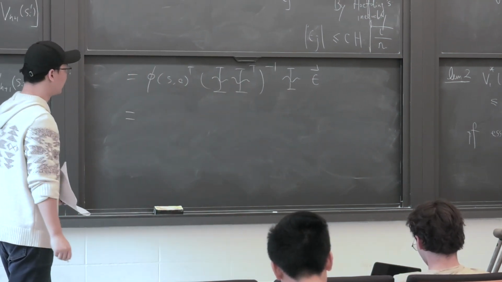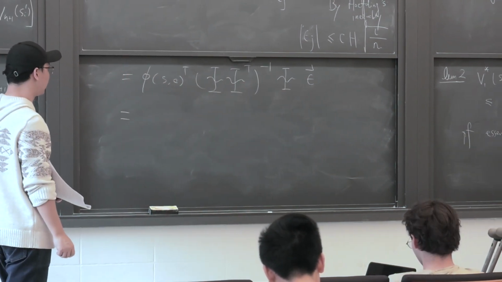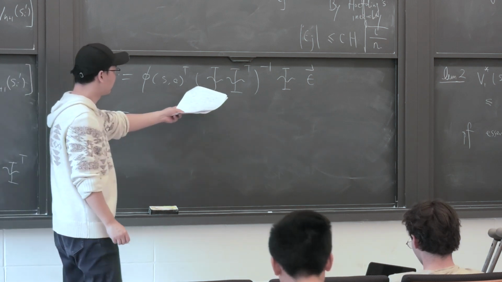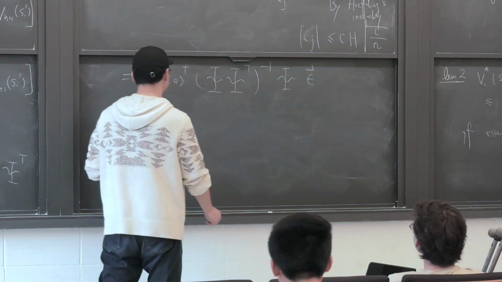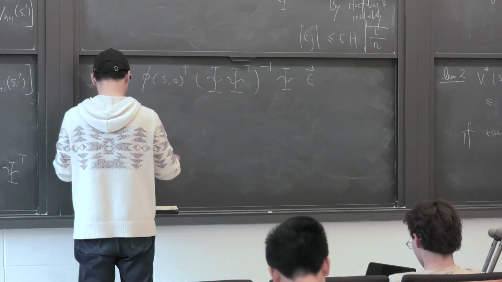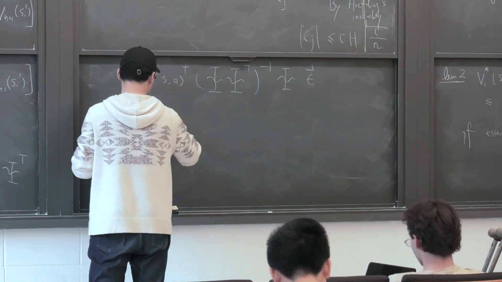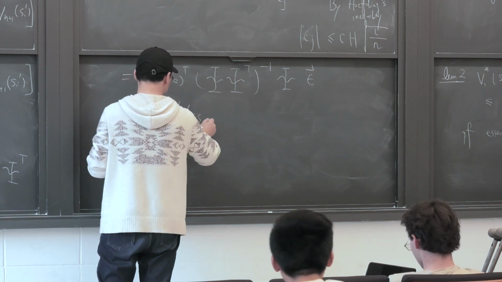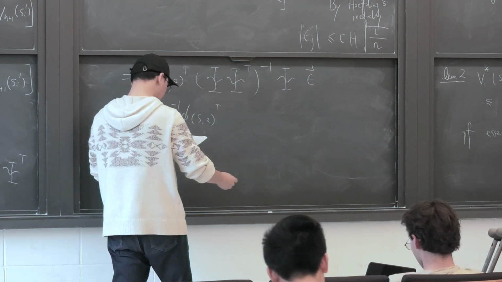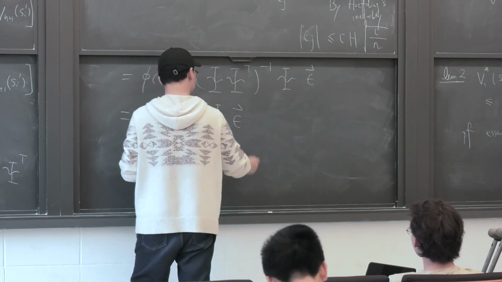And we know psi is full rank, so psi is directly invertible. So this psi inverse cancels with this psi, and what we get eventually is something like psi inverse phi(S,A) transpose epsilon.